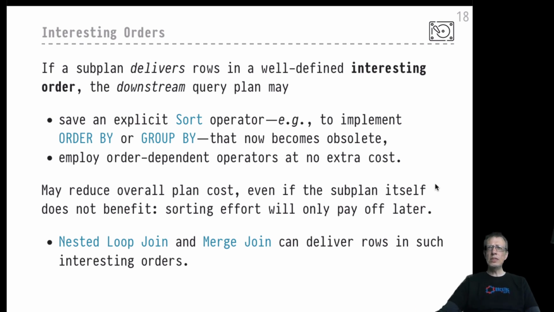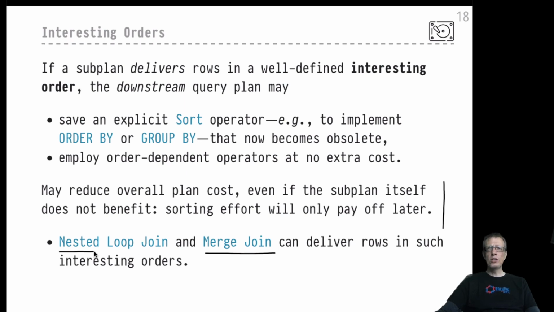Okay, so maybe it's even worth it to use a plan that is locally, at the join operator, a bit more costly, but will deliver rows in an interesting order, interesting to subsequent downstream operators, which will then be significantly more efficient to evaluate. Merge join can deliver such interesting guaranteed orders of outputs.